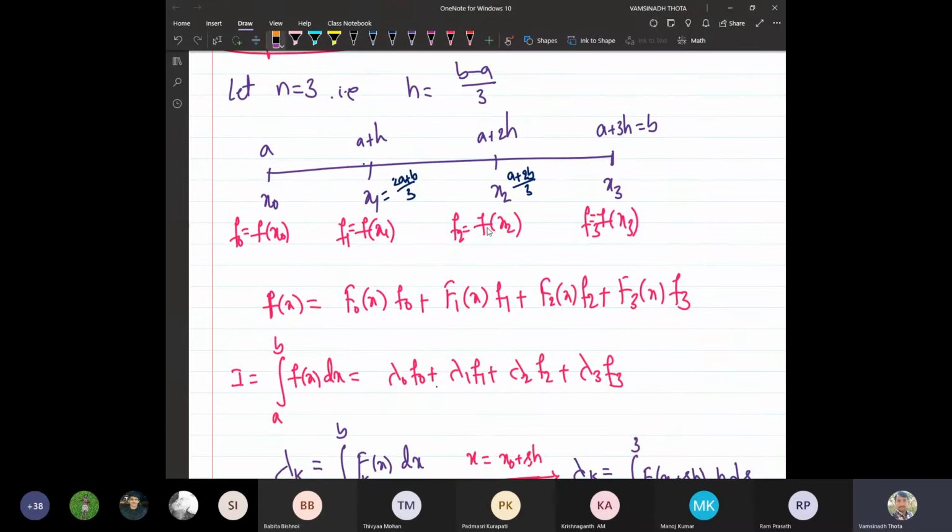Now, in Simpson's 3/8 rule, what we have to do? We need to take the interval AB. This is the one interval A to B. Here, we will consider 4 nodal points, that means x0, x1, x2, and x3.